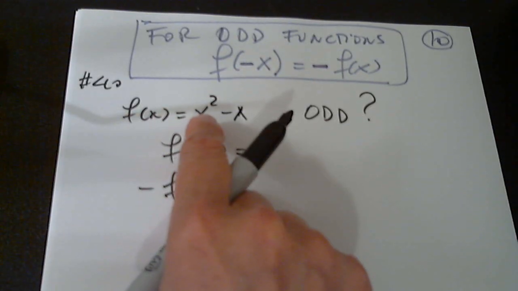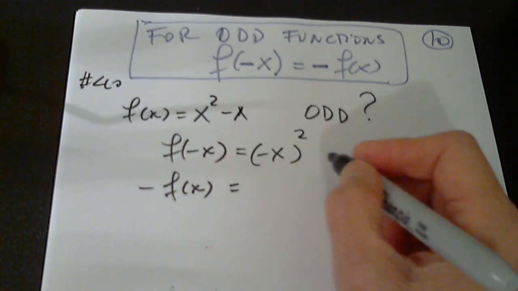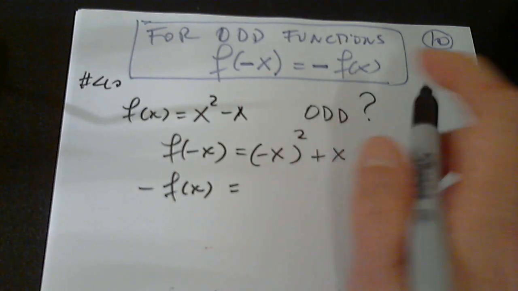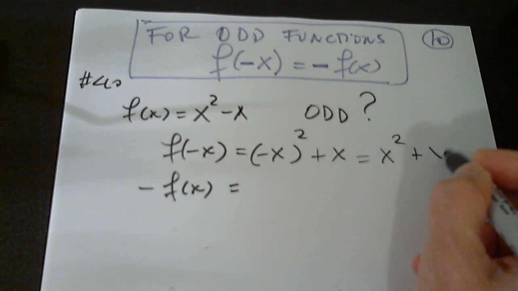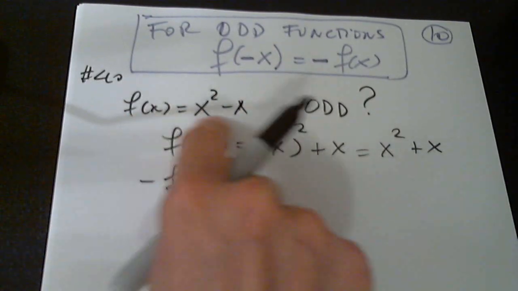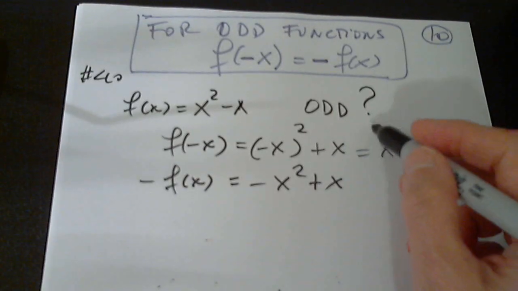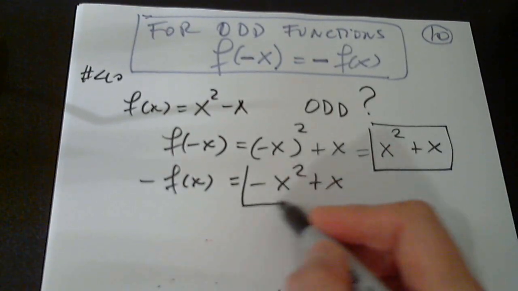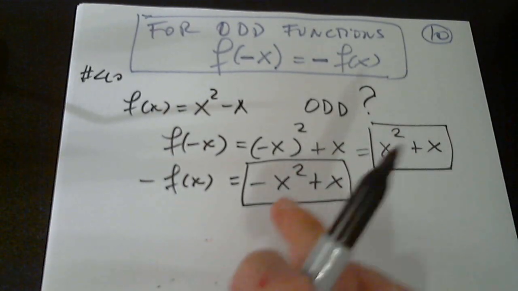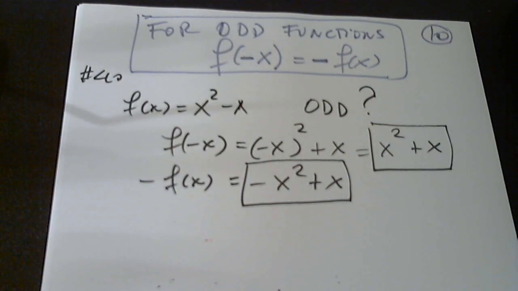So I plug in negative x squared. Negative x squared is a positive x squared, plus x. I multiply both sides here by negative 1. So this is negative x squared plus x. If this is identical with this, I will say the function is odd. If this is not identical with this, I will say the function is not odd.